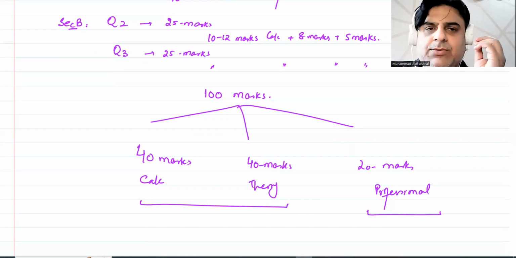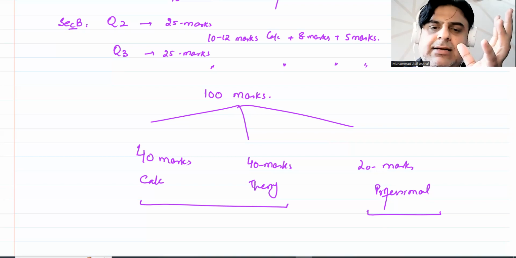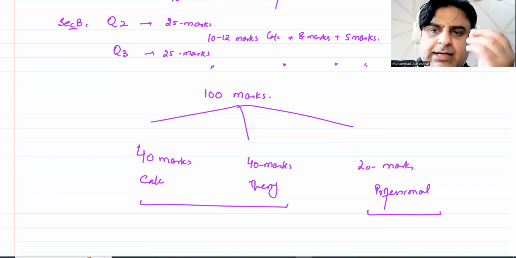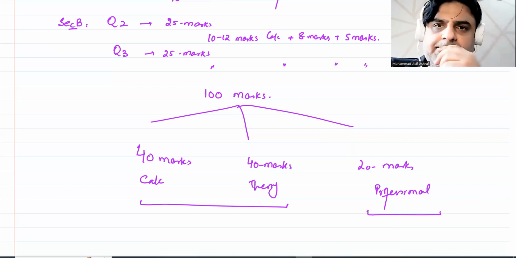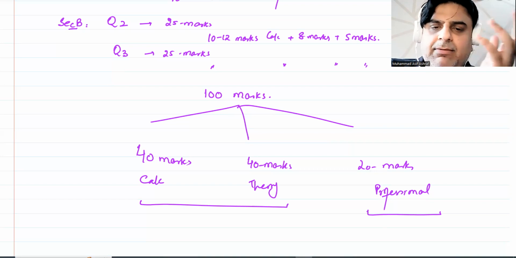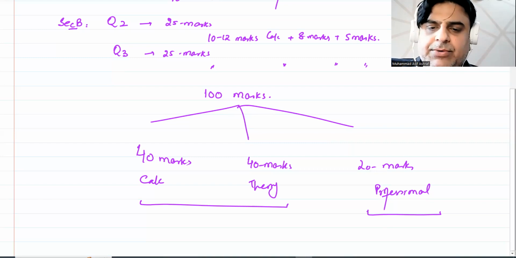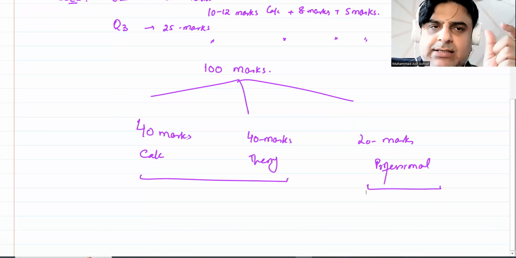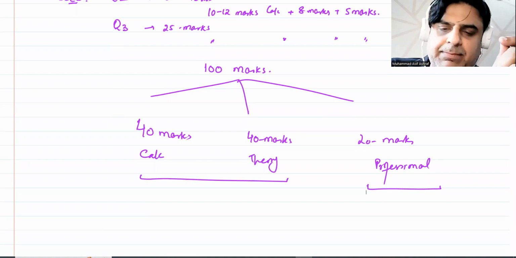Yesterday's paper was quite predictable, but even then they weren't able to complete it. The majority of students completed the paper almost 80 to 85%. So from here, I'll go through why students are not being able to complete the paper.